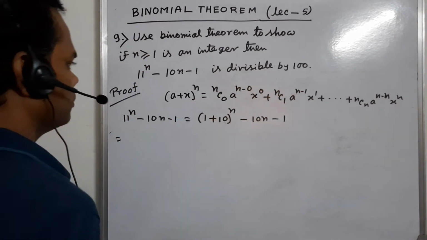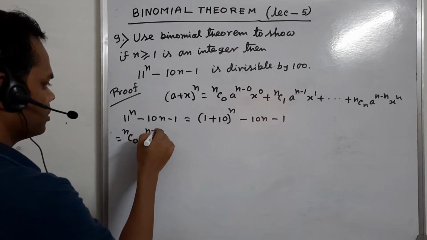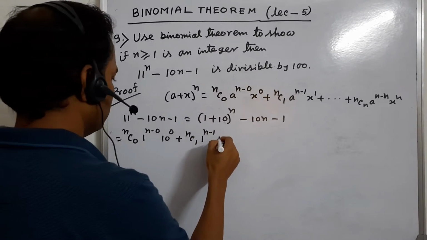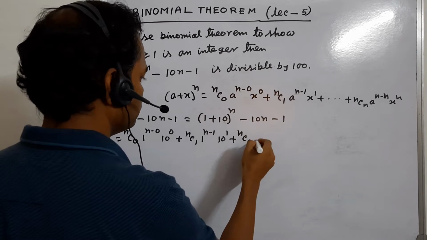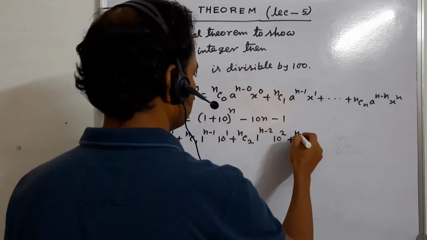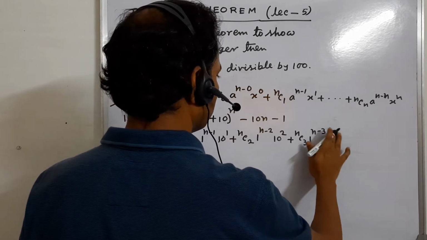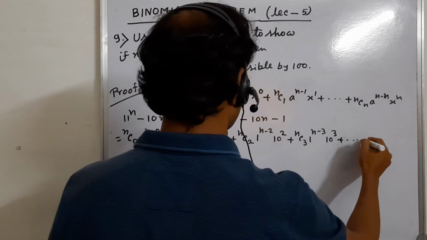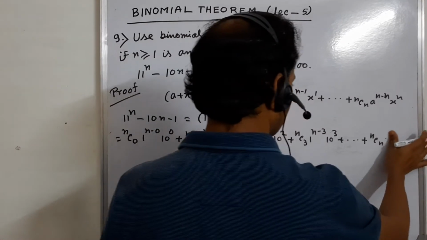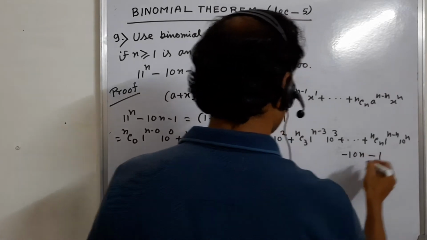So by using this formula on this, we get nC0 1 to the power n minus 0 10 to the power 0, plus nC1 1 to the power n minus 1 10 to the power 1, plus nC2 1 to the power n minus 2 10 to the power 2, plus nC3 1 to the power n minus 3 10 to the power 3, plus dot dot, nCn 1 to the power n minus n 10 to the power n, minus 10n minus 1.